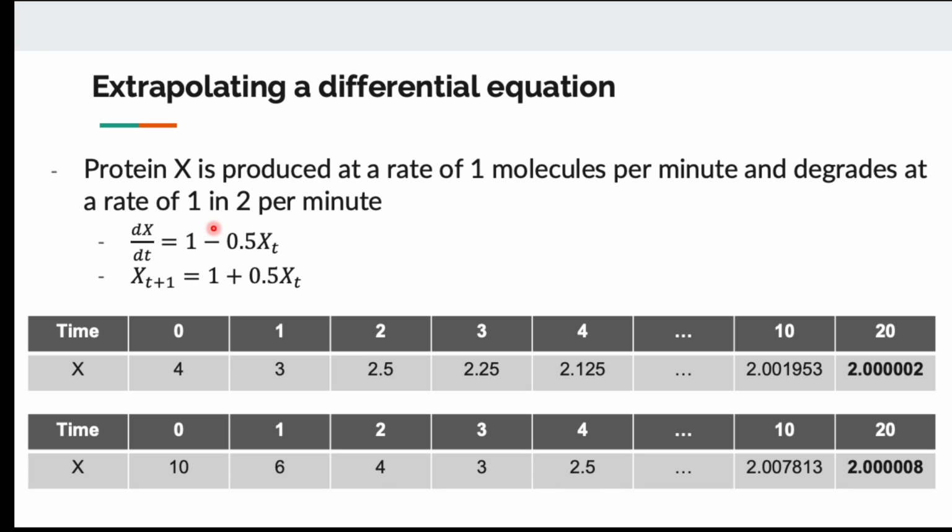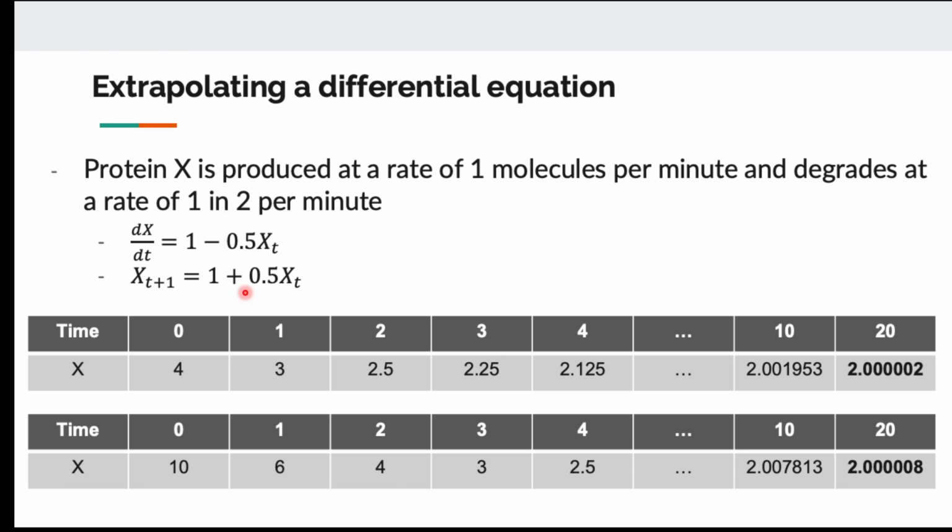So we are losing the protein, but we are also producing the protein. So if we write it as a differential equation, it will look like this. The change in protein over change in time is +1, like 1 molecule per minute, and then minus 0.5 of the X, because this is a loss of 50% every time.